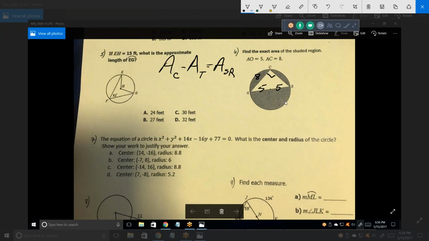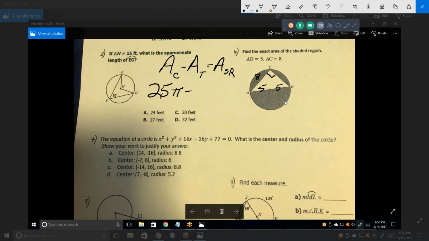Well, what's the area of the circle? 25 pi.